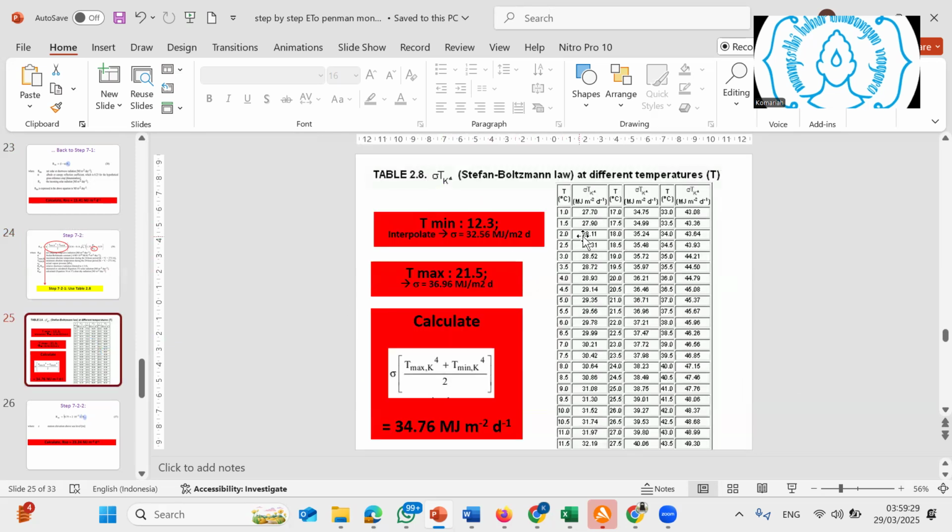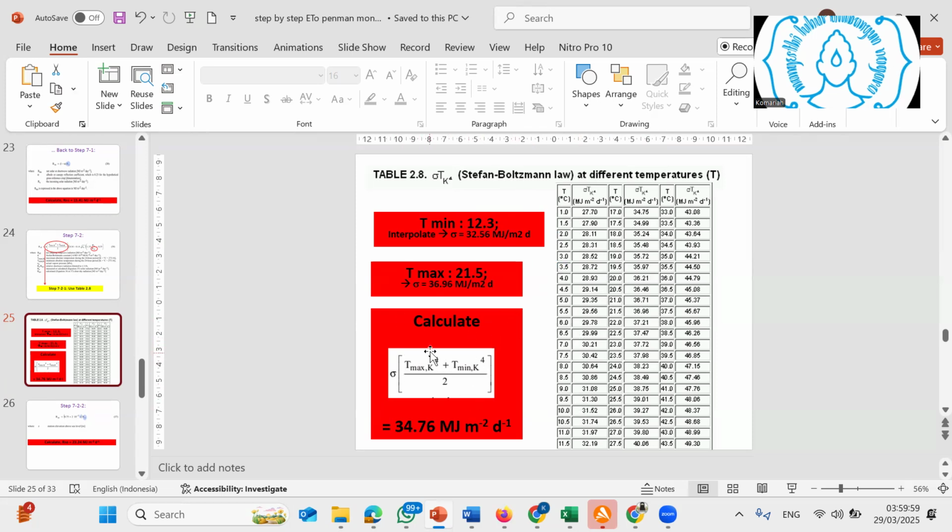We can use this table 2.8, the Stefan-Boltzmann law. We use the information of the 12.3 Tmin. We check the T here, 12.3, and then Tmax, 21.5. Here the information, 36.96.